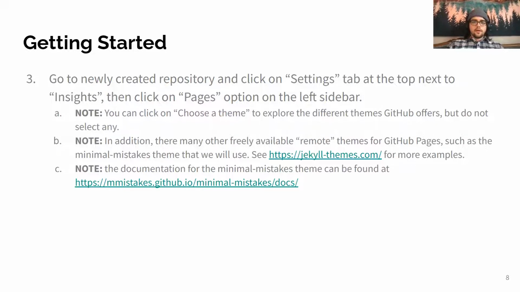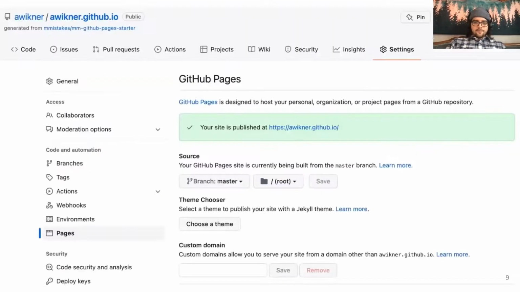We're then going to have you click on the settings tab, which is on the far right side next to insights. And then once you have clicked on settings, select the pages option from the left sidebar on that page. So this is what you should see once you get to that point.